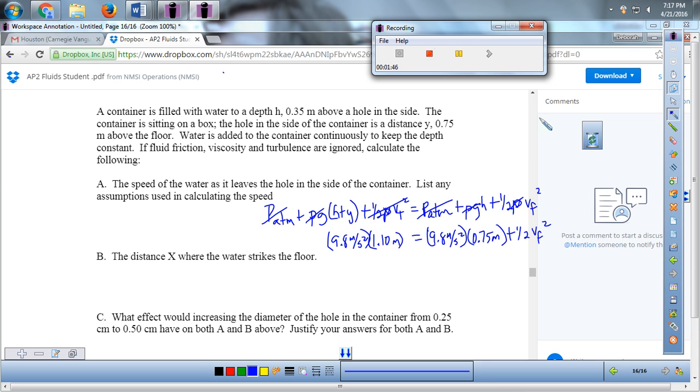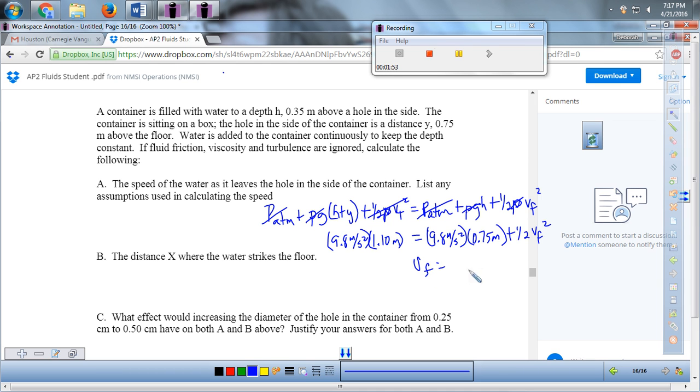Okay, so when I do that math, I got the speed that it hits the ground to be 2.65 meters per second.